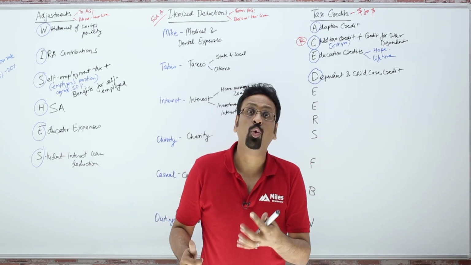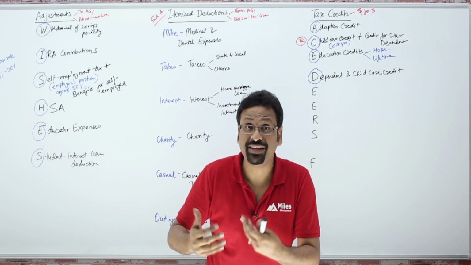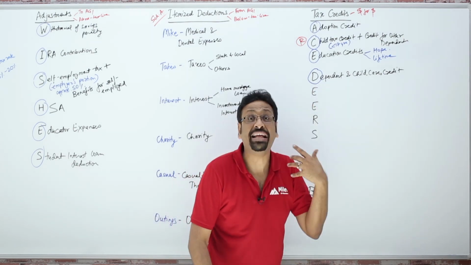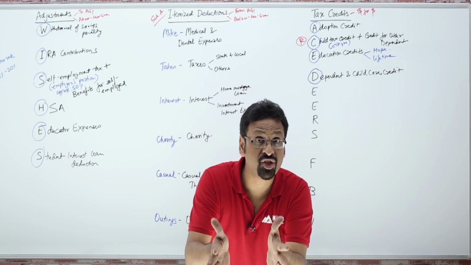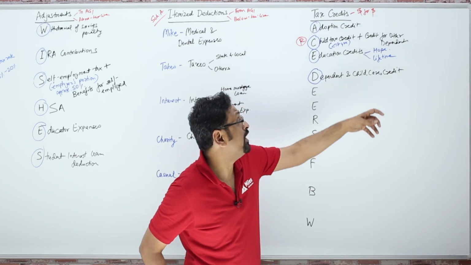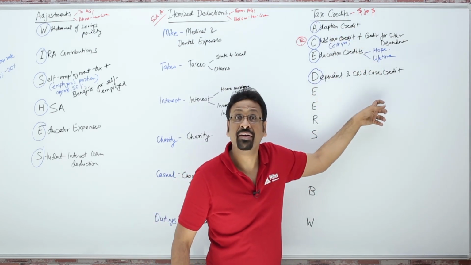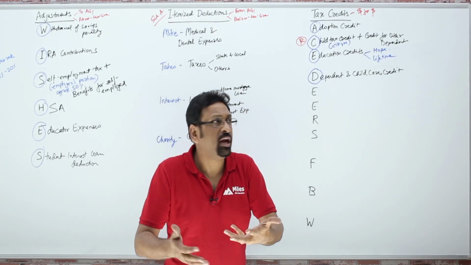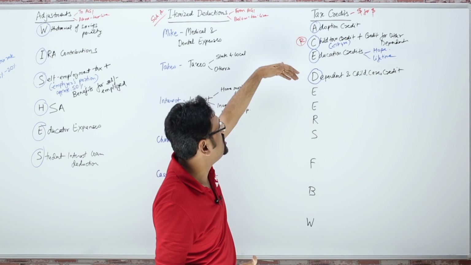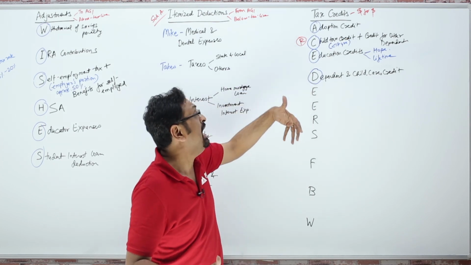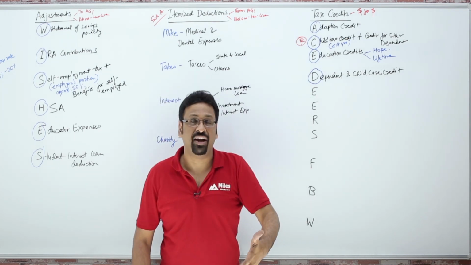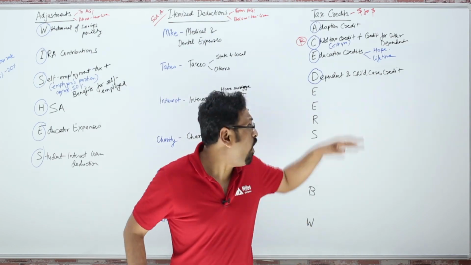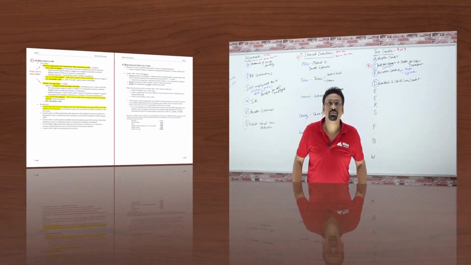You send the kid to daycare. All these are dependent and child care expenses on which you may be eligible for a tax credit. So guys, if you realize, until now we've been talking about adoption, children, child tax credit, education, dependent and child care credit. And let's look at all of this in our book.